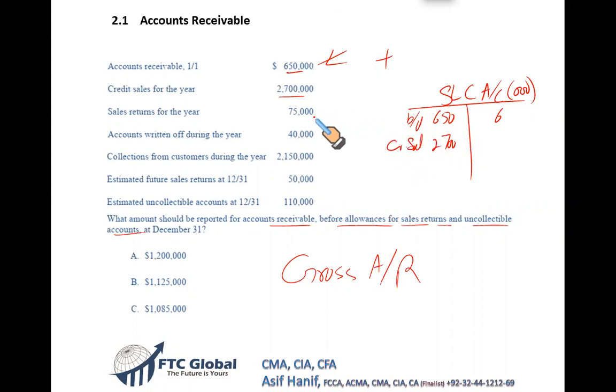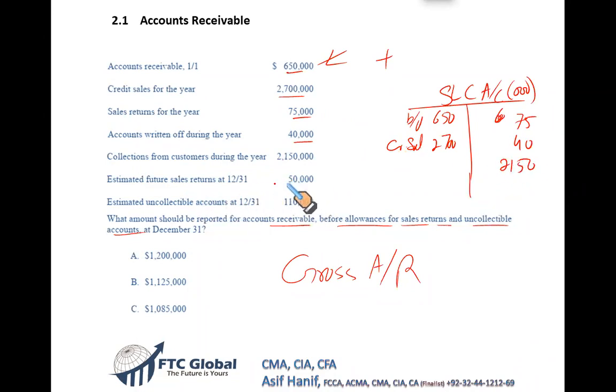Credit sales, 2,700. Sales return for the year, 75. These are the actual sales return. Then accounts written off during the period. Yes, accounts written off, they also come here, 40. Right? Collection from customers during the year. Customers paid us 2,150. Right?